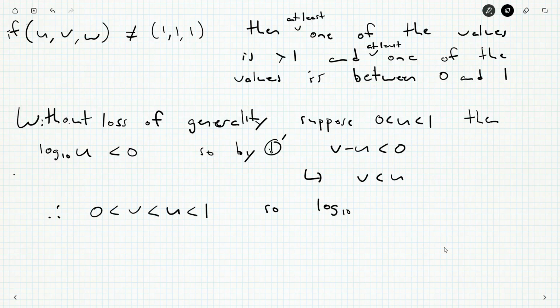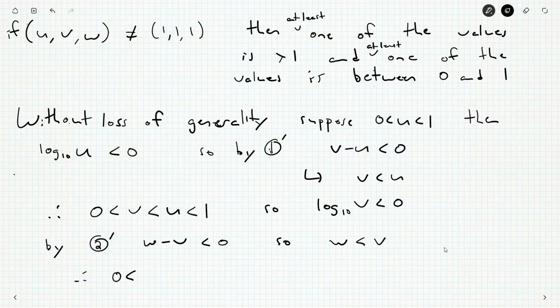So log base 10 of v is less than 0. By 2 prime, then w minus v is less than 0. So w is less than v. But then all of them are less than 1, which is a contradiction.